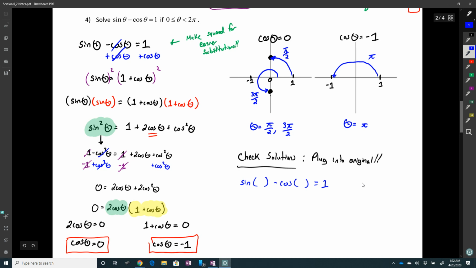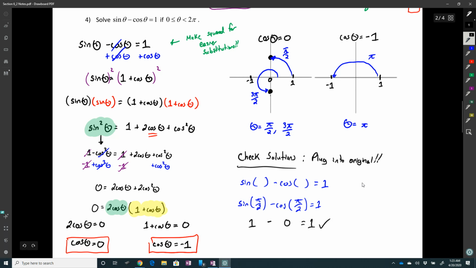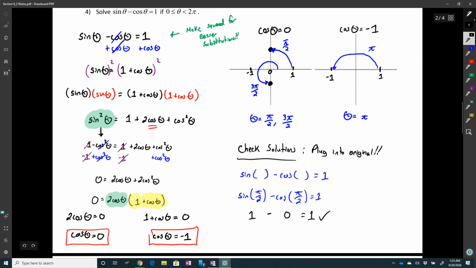So for the first one, I'm going to try pi over 2. Well, sine of pi over 2, so sine starts at 0, it ends at 1, so this is 1 minus cosine, this is 0. 1 minus 0 equals 1. That checks out. Yay.